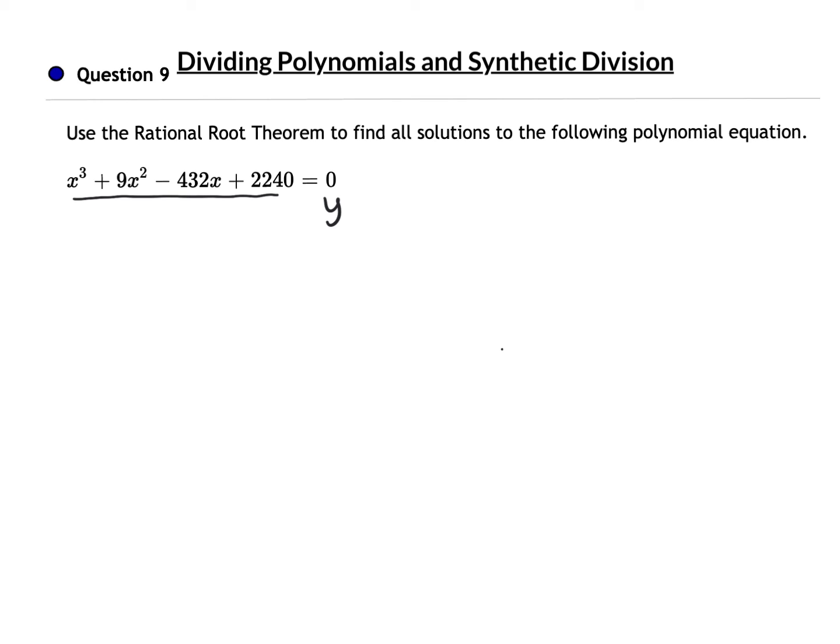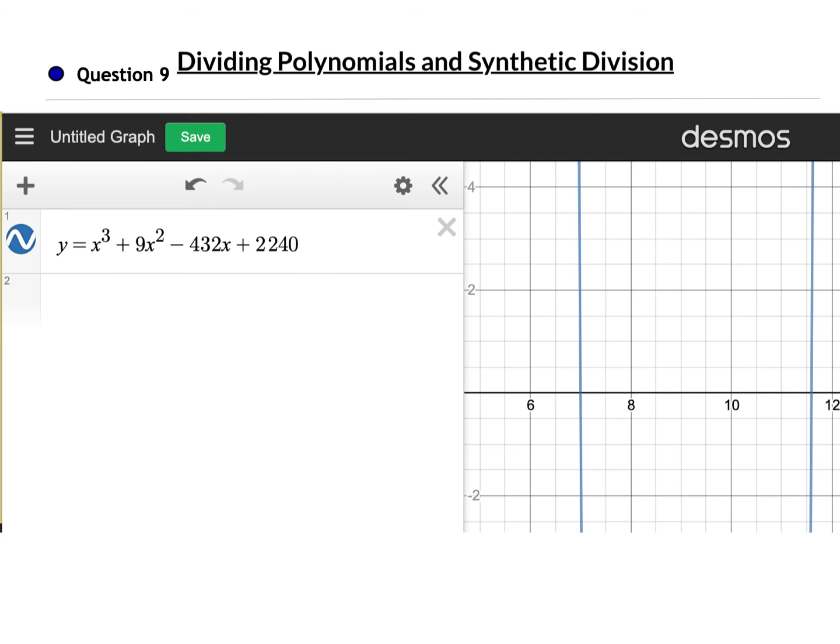So I graph this, here's what I got. All I'm looking for is a 0 I can work with, so I just grabbed a little part of the graph. And it looks to me like we have a 0 at 7. This is 6, 7, 8. So 7 is a 0 we can work with.